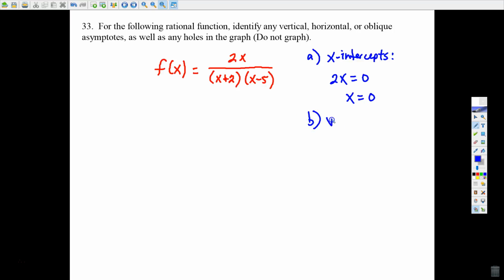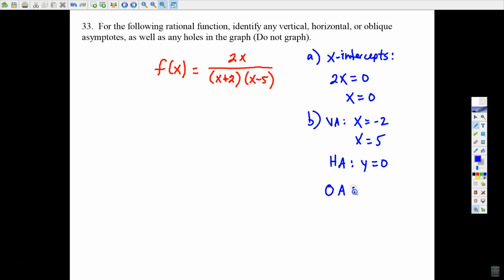Okay, let's do vertical asymptotes. They represent numbers that make the denominator 0. And we have 2 of those. We have a vertical asymptote at x equals -2, and we have another one at x equals 5. Horizontal asymptotes, in this case we have one at y equals 0 because the denominator degree is larger than the numerator degree.